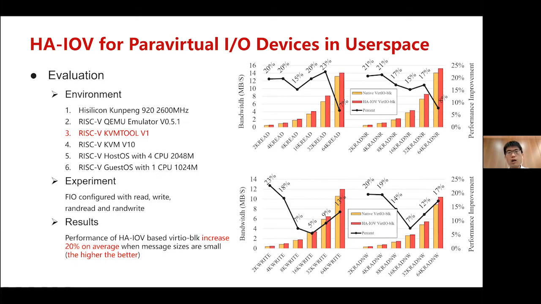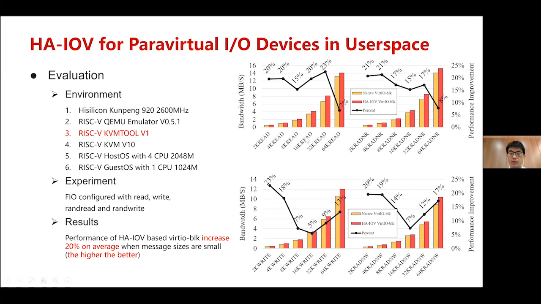Due to the lack of DBDK and SBDK support in RISC-V systems, we evaluate the user-level VI using virtio-blk. We use the FIO benchmark to test the read-write, rand-read, and rand-write performance of guests on the basis of virtio-blk and HA-IOV-based virtio-blk.